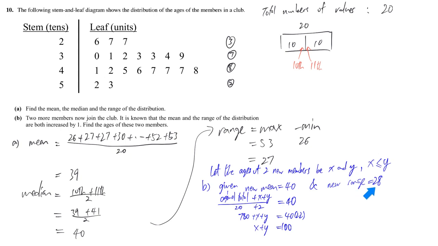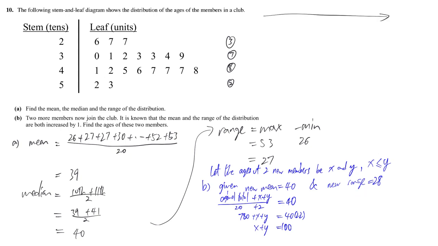Afterward, we are going to focus on the range. Our original data are changing from 26 to 53. To affect the range by 1, there are two methods. The first one is that a new value hits the minimum. It becomes the new minimum, 25. This is the first case. So we consider case 1. If x, the smaller value, becomes the new minimum, 25, then y will become 100 minus 25, which is equal to 75.